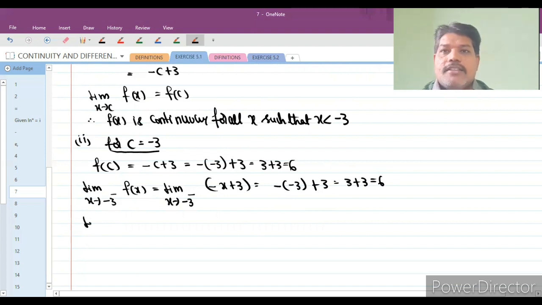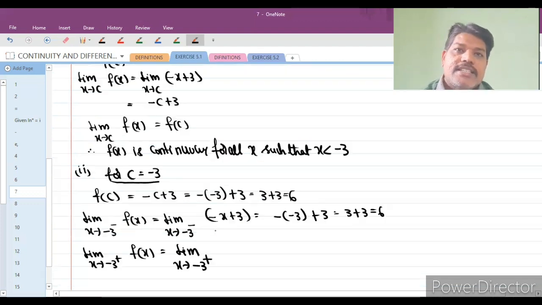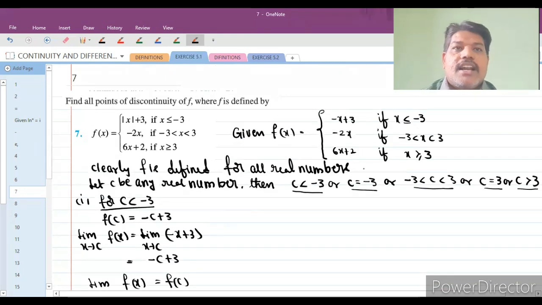Next, we have to calculate the right hand limit also. The limit as x tends to -3 plus of f(x) is the right hand limit. Limit as x tends to -3 plus means x greater than -3. The x greater than -3 case is here.